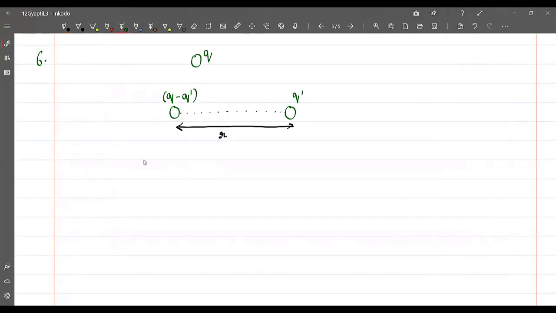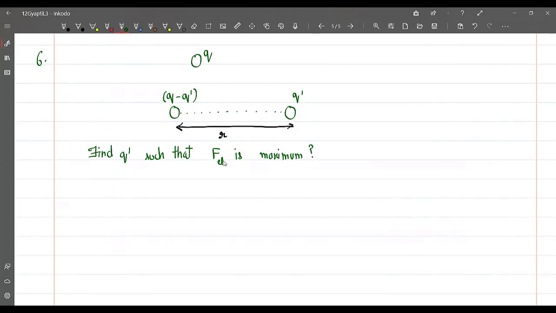What they want to do is maximize the force between the charges. So find Q dash such that the electrostatic force is maximum. Other students, remember, this is the question.